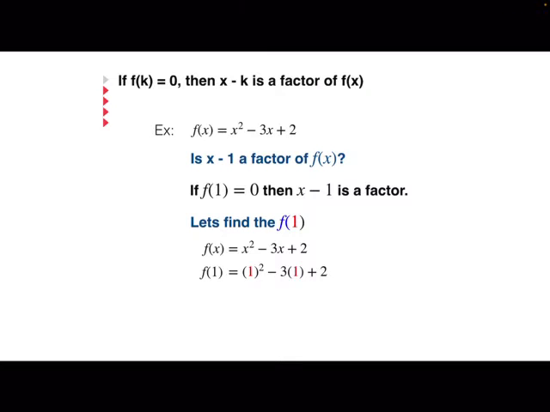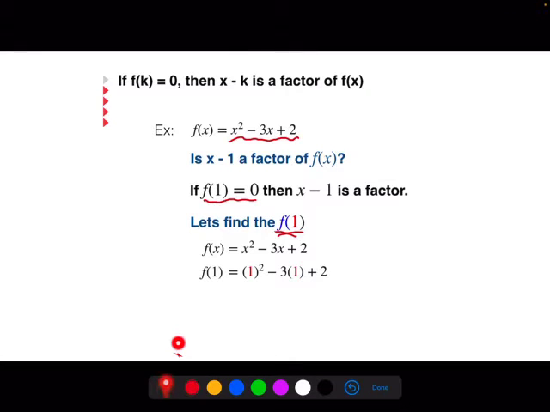You can see right here, there's an x. I've replaced it with 1. Then comes the minus 3, and there's an x. I've replaced it with 1 using parentheses. Then our plus 2. So it's the same function, except x has all been changed to 1 to calculate what the f of 1 is instead of the f of x.